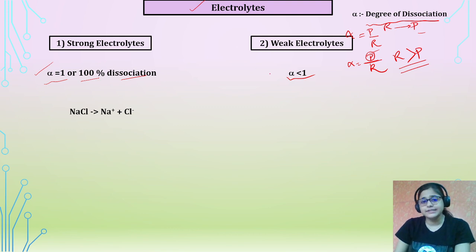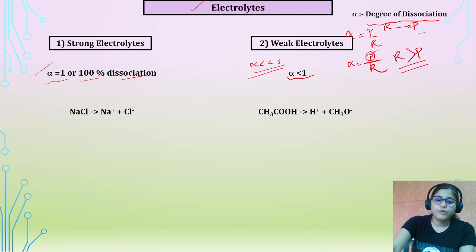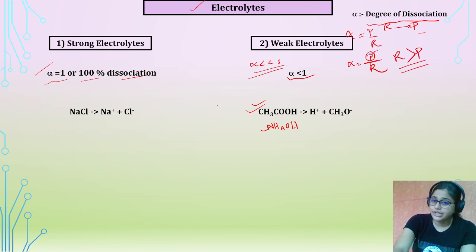So it is very less for a weak electrolyte. The value is very small, but sometimes we can't ignore the value while calculating. So here, for example, let's say CH3COOH, which is a weak acid, and NH4OH, which is a weak base. These kinds of examples are there for weak electrolytes.